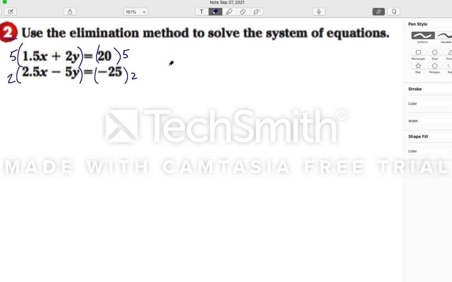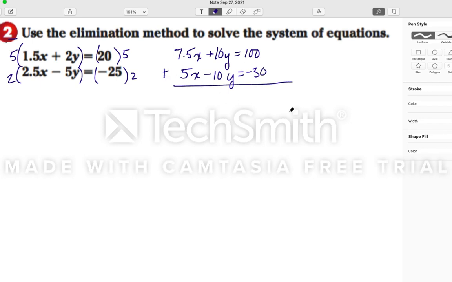So I'm going to use the distributive property here, and I get 7.5x when I multiply 5 times 1.5, plus 10y, which was my goal, is equal to 100. And this second equation becomes 5x minus 10y is equal to negative 50. And what I'm going to do now seems a little weird, but I'm going to add both of these equations together.